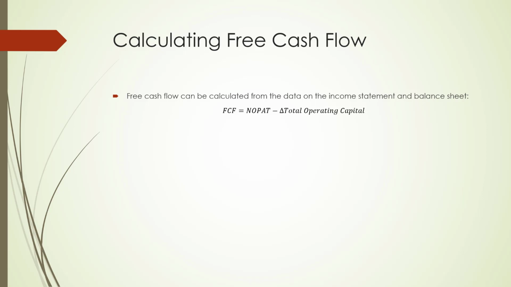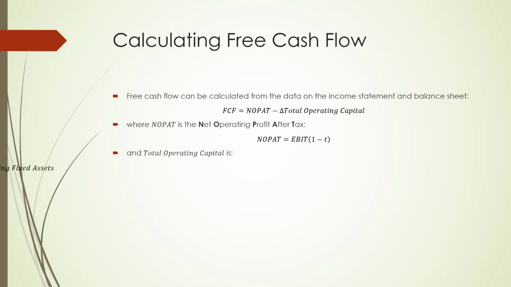There's that word operating again, very important. So let's break this down. So NOPAT, again, that's net operating profit after tax, is simply net operating income, or EBIT, times 1 minus the tax rate. So this is what net income would be if the firm had no debt.